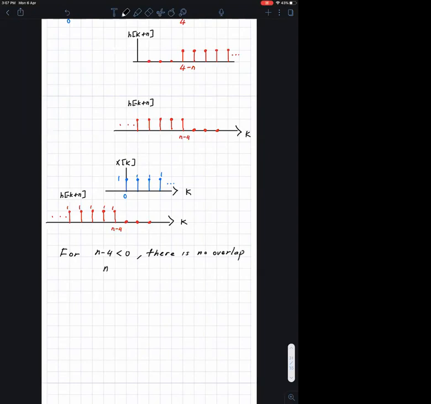This is the same as saying that n is less than 4. When n is less than 4, there's no overlap. In this case, k is also less than 0. So therefore, y of n is 0.